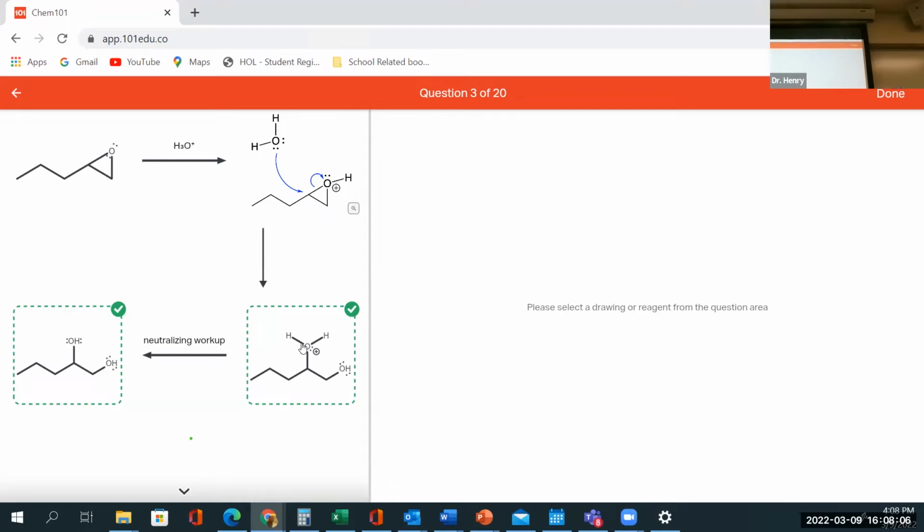So what is it that's going to cause that keto, or what is it?